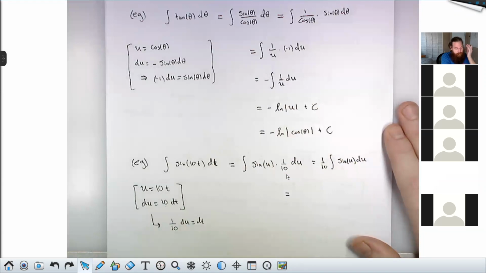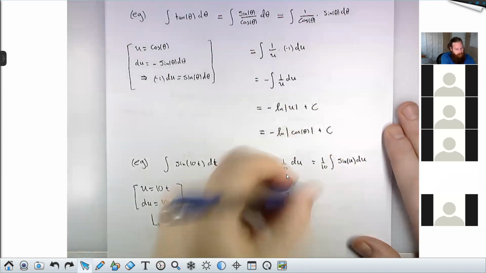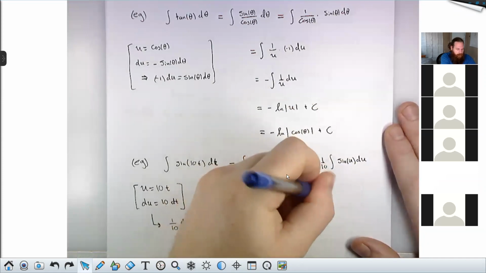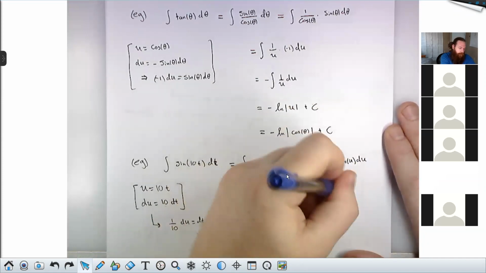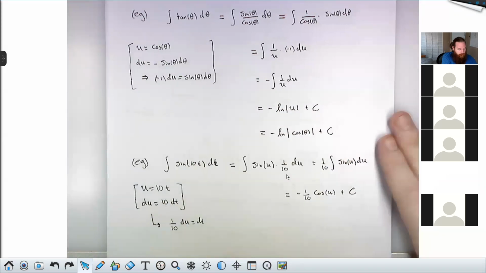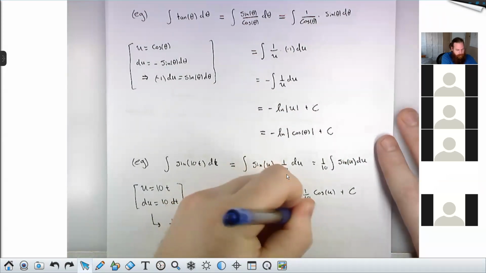Not cosine, but negative cosine. So this will be negative 1/10 cos u plus c. And then my last step is to go back to the original variable, which was t. So u is 10t.